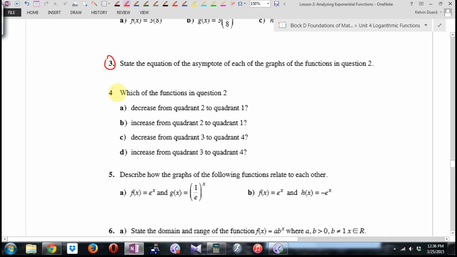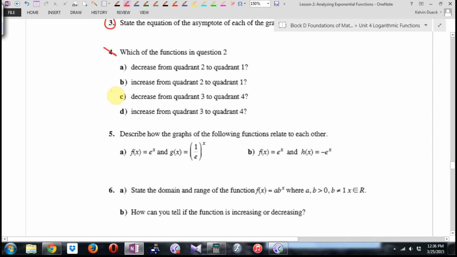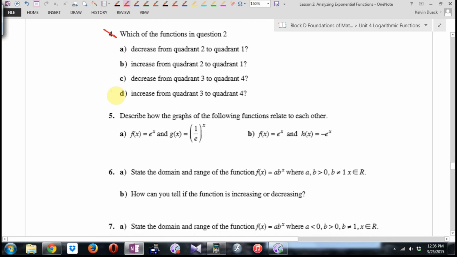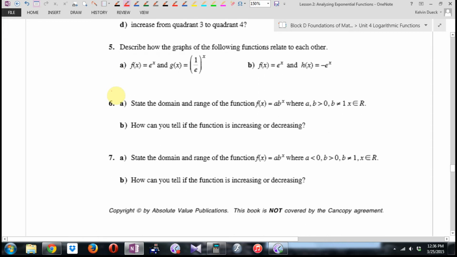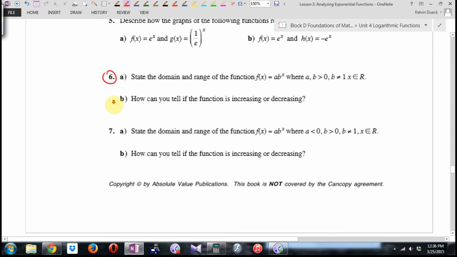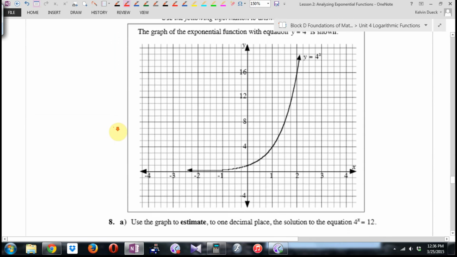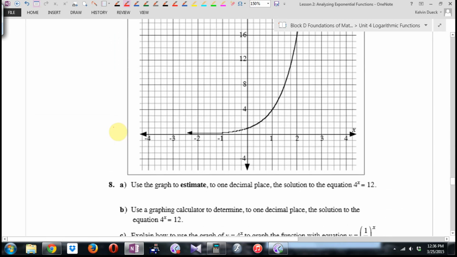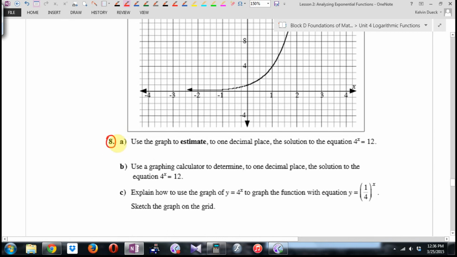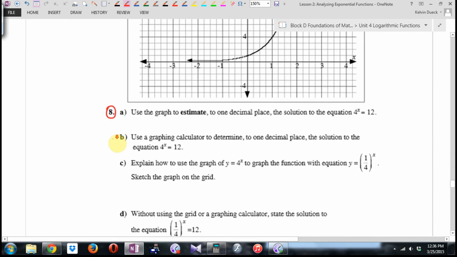Not wild about question 4, so I'm going to nuke that. 6 is good. 7 is good. I'm going to assign 8, and I'm prepared to talk all about number 8 next class, but I'm curious to see who can figure it out.